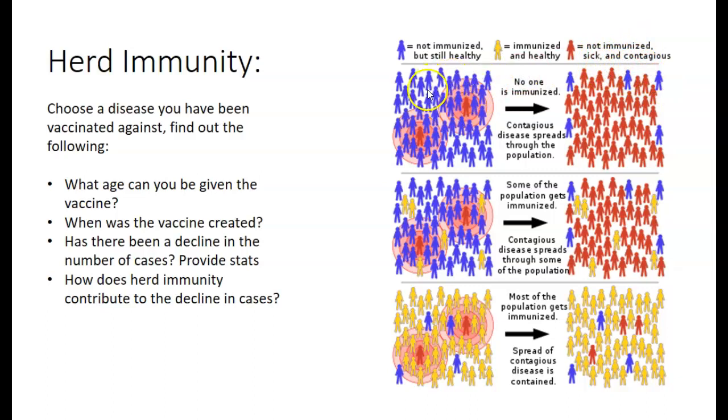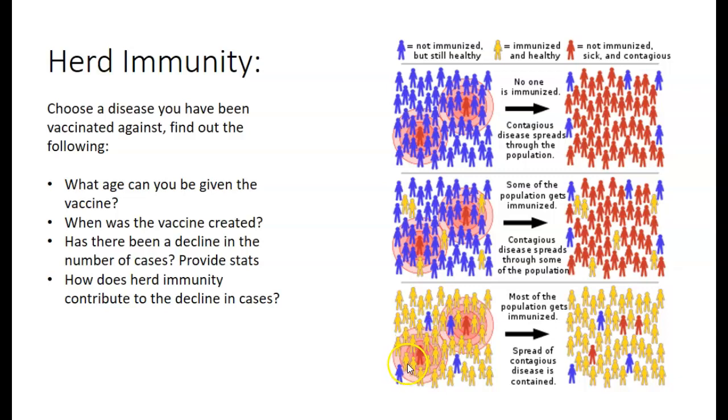If we've got a population where nobody is immunised, if you end up with one or two people in that population that have the disease, it will spread rapidly to other members of the population. If we have a population where some people are immunised, again, you're going to have pretty rapid spread of the disease when you have one or two people infected.